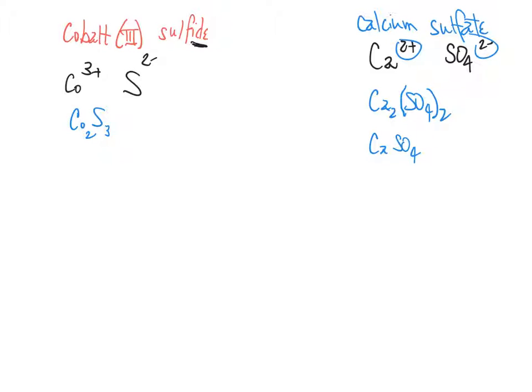Oh, whoops, there we go. All right. So those are ionic ones. A lot of times when we're talking about a covalent compound, the terms that they many times will also like to use are molecular compounds versus ionic compounds.